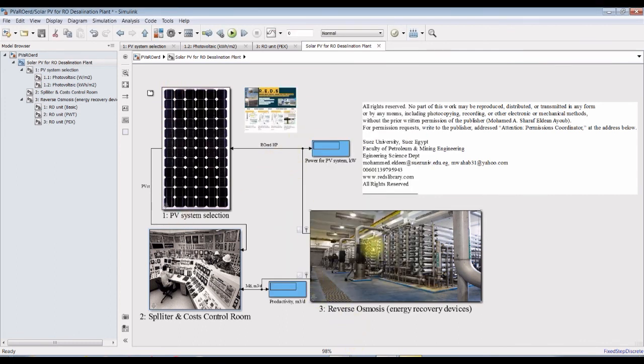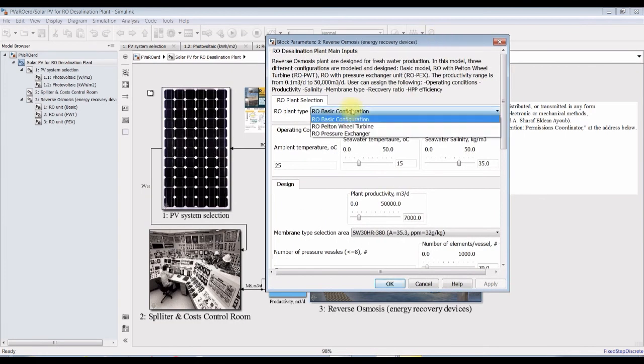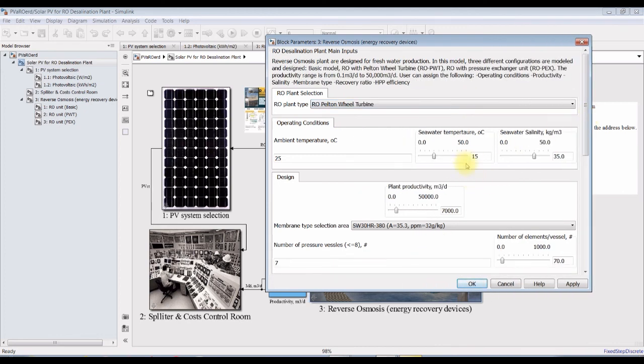I will keep this stage. Let's try a simple model. Let's repeat the turbine. Suppose this is ambient temperature, operating conditions, seawater temperature.